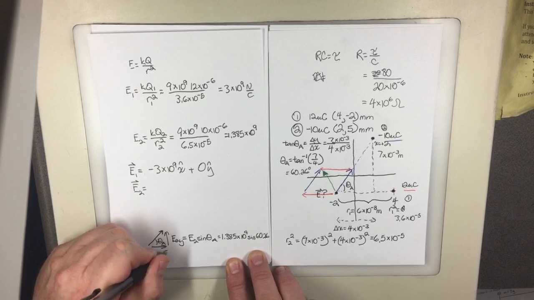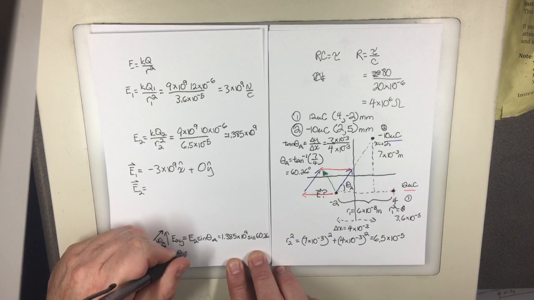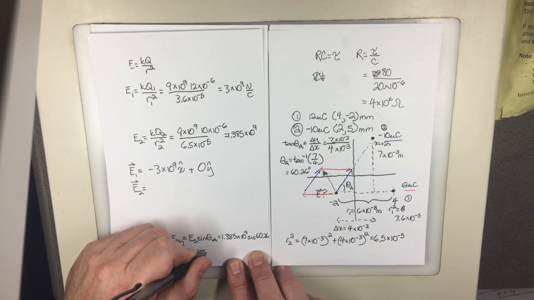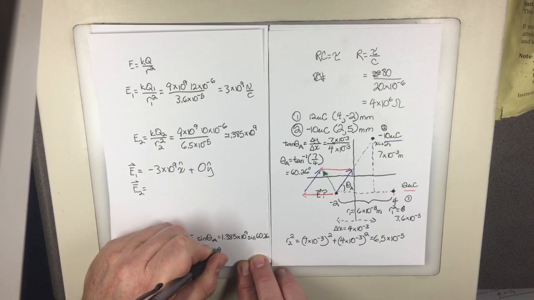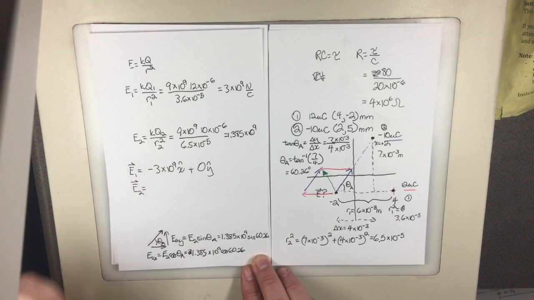E2x is E2 cosine theta A, which gives me 1.385 times 10 to the 9th cosine 60.26.